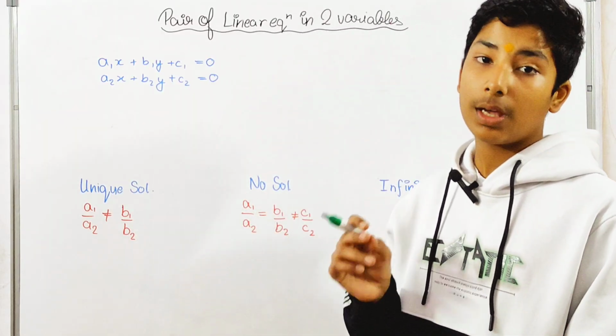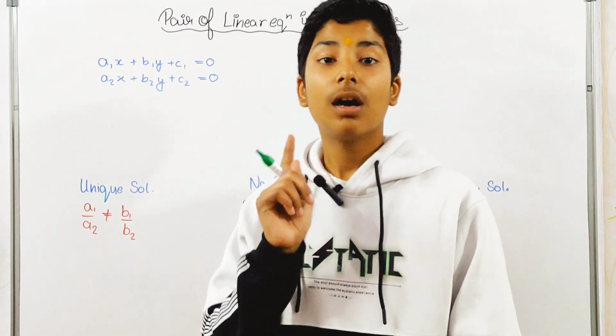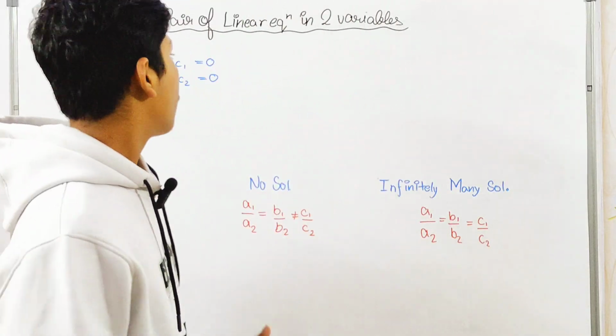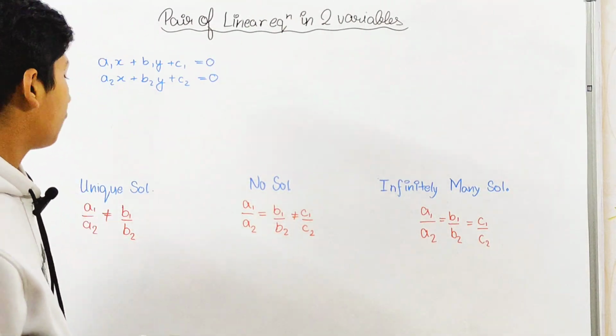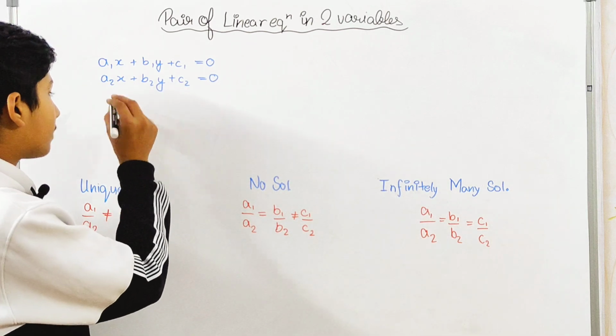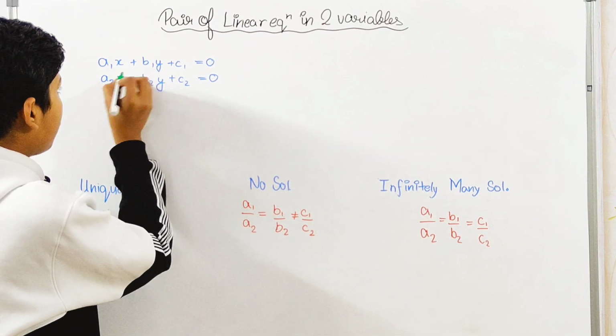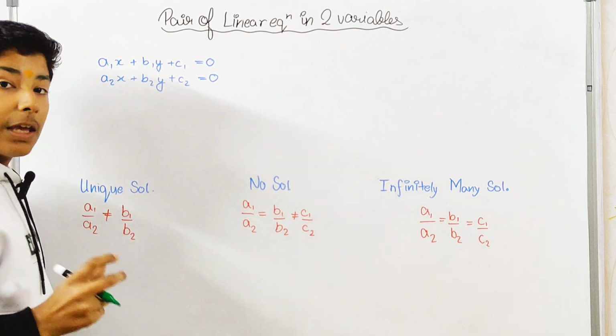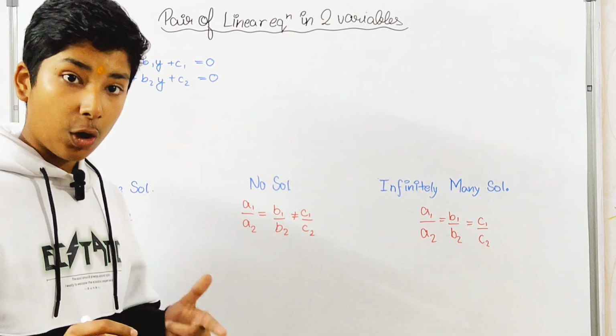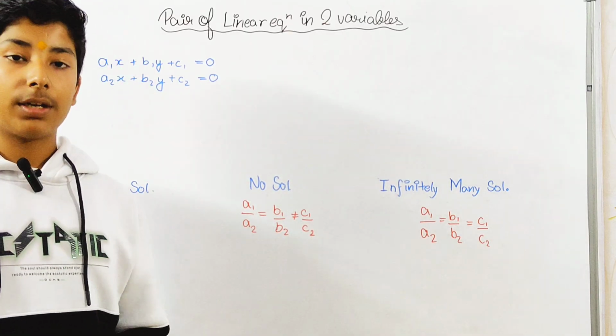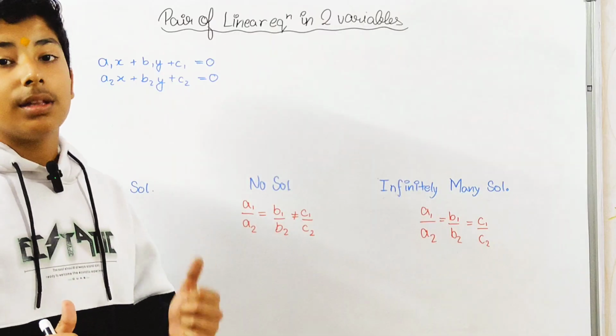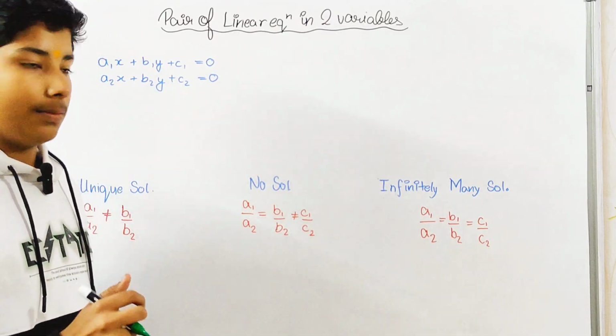Unique solution means there will be only a single solution of these two equations. So here you will divide these two and these two. If the results are not equal, then you should understand that it is a unique solution.